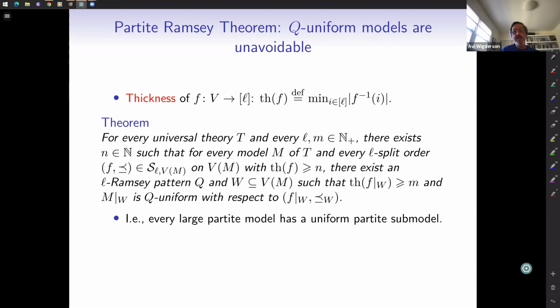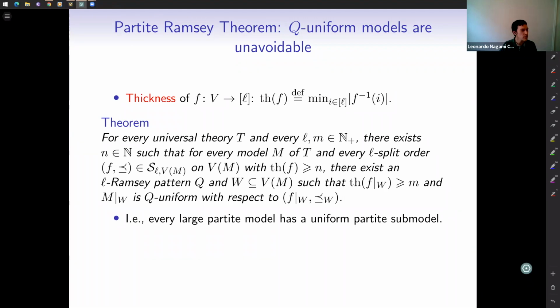A question: was this even known for graphs? Some version of it was known. There's this general Ramsey theory for set systems, and you can derive this theorem for usual graphs from that theorem.